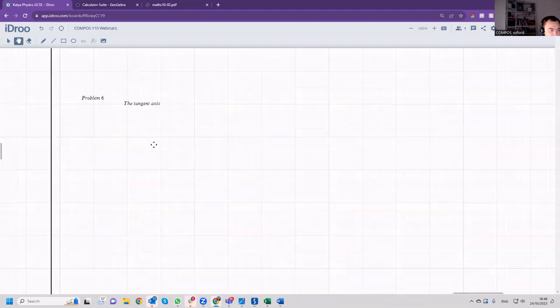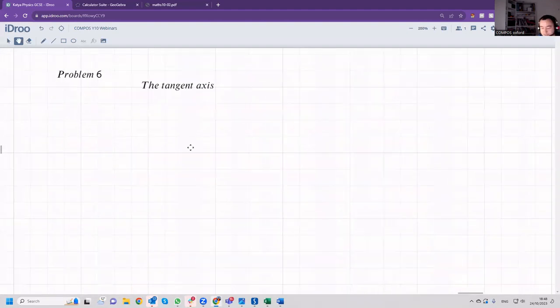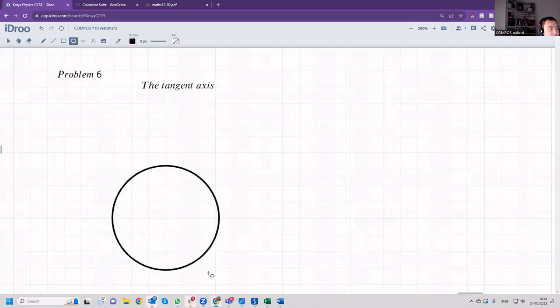Let's skip to question 6, the tangent axis. Similarly to what we did before, if you draw a line like this, the coordinate of this point is the sine and cosine.